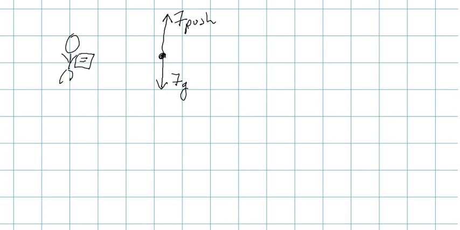So if we go back a chapter and we look at the sum of the forces, it's going to be equal to mass times acceleration. In this case, he's just holding it there, so our acceleration is 0. Well, this force, which equals 0, is also going to be the sum of our forces.